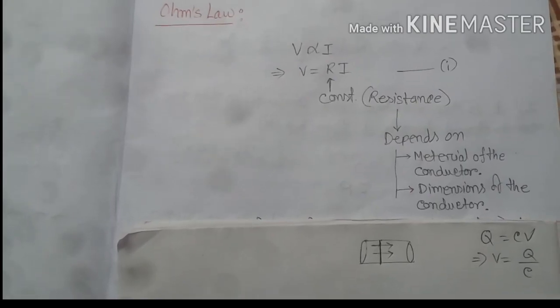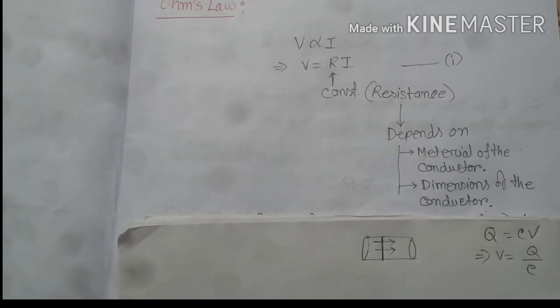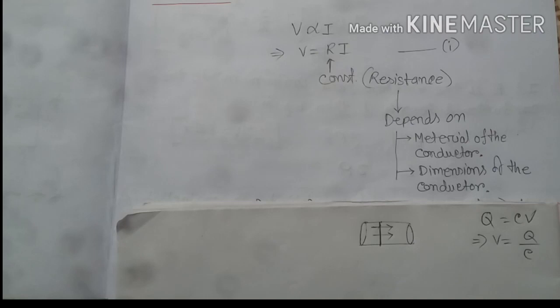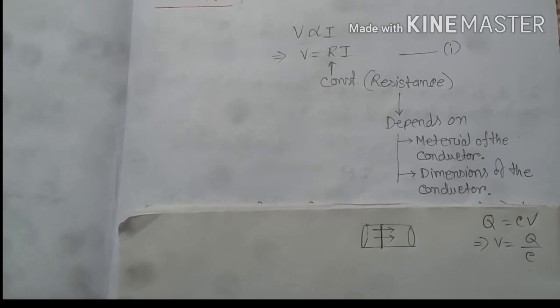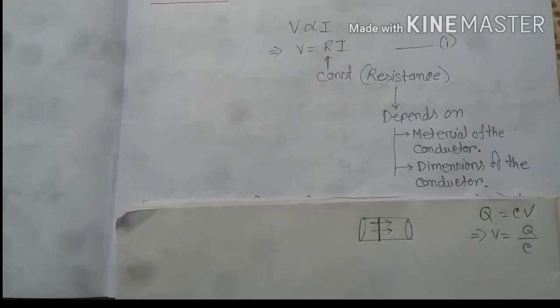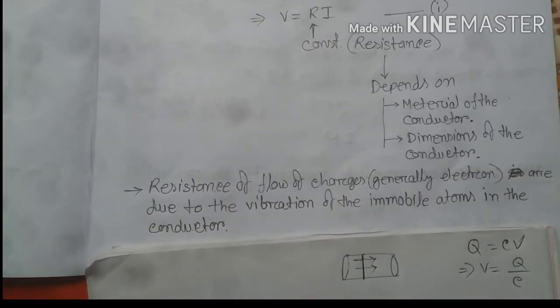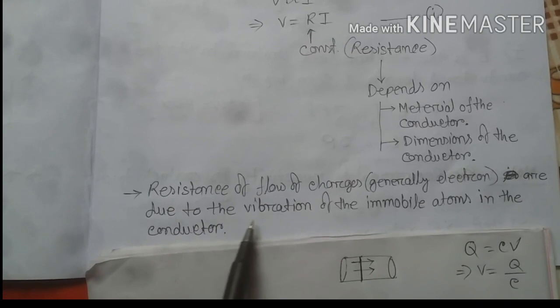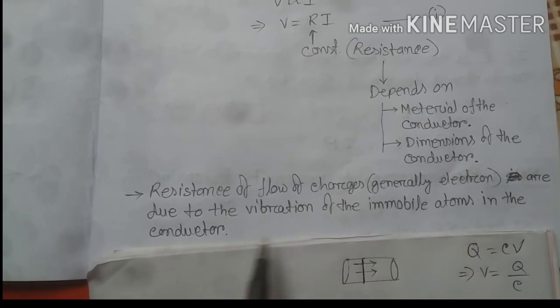Resistance is the restriction of flow of charges in the conductor, and this restriction is due to the vibration of the immobile ions in the conductor as well as the collision between the electrons in the conductor. Here I have written: resistance to flow of charge, generally electrons, is due to the vibration of immobile atoms in the conductor.